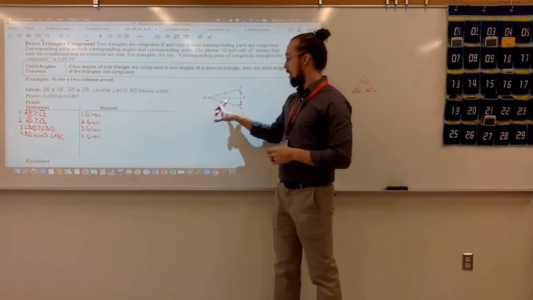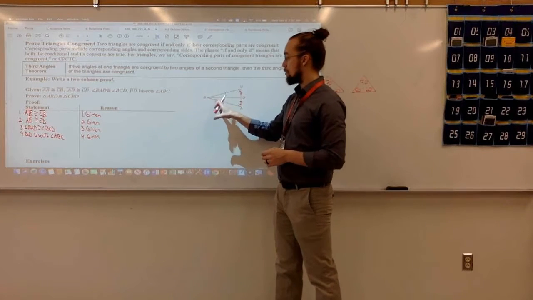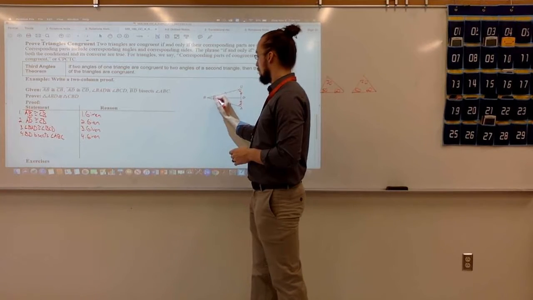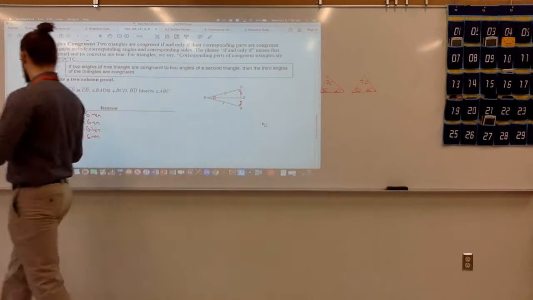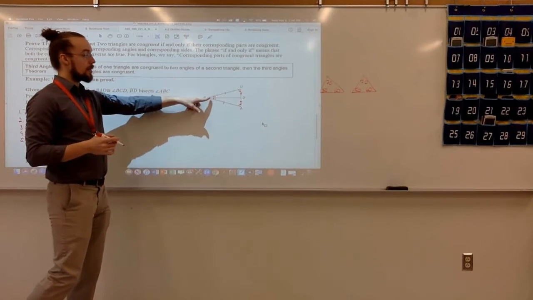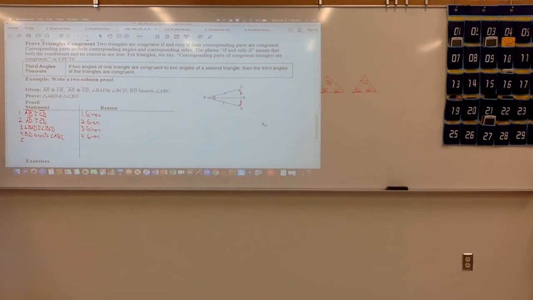If BD cuts this angle in half, these two angles would be congruent. So I can say those two angles would have to be congruent. I can't just call them angle B because I don't know which one I'm talking about. I would have to name those two using three points. So I could say angle CBD is congruent to angle ABD.